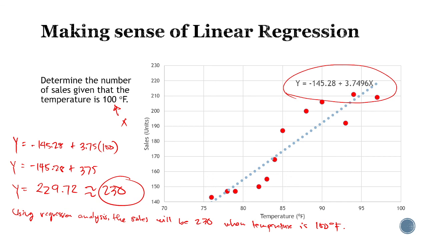By this one, we actually extrapolated, na-determine natin kung gaano karami yung sales na pwede nating makuha when the temperature is 100 degrees Fahrenheit, which is actually higher than most of our observations. So in that is how we make sense of our linear regression. So in this video, we already talked about correlation, how to compute for the Pearson R, how to get the regression line or yung tinatawag nating best fit line wherein kinuha din natin yung equation ng ating best fit line.